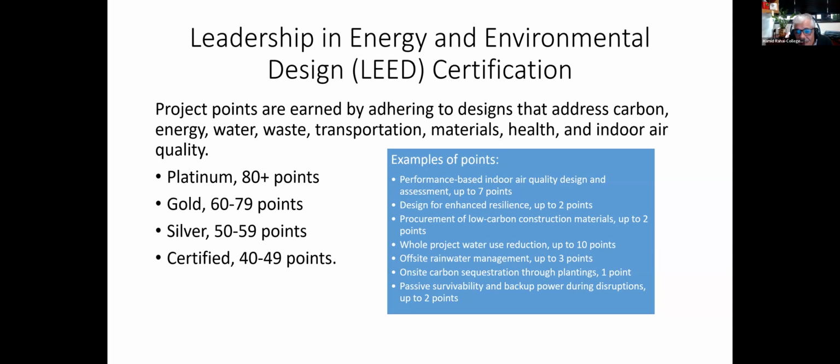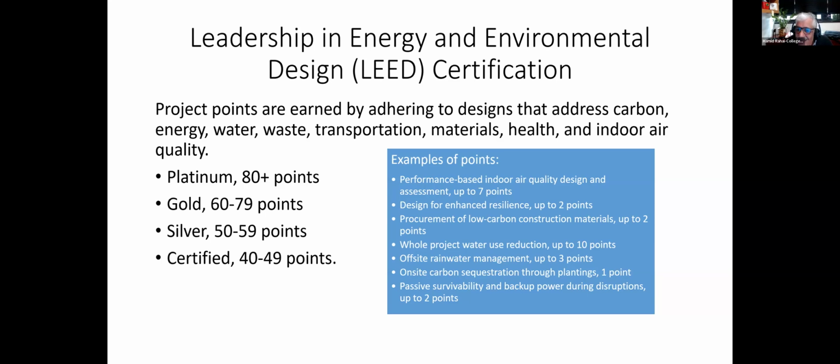As I said, performance-based indoor air quality design and assessment is up to 7 points. For example, you have an exercise room within the building where the employees can go and exercise, and it has good, healthy indoor air quality, you get points for that.